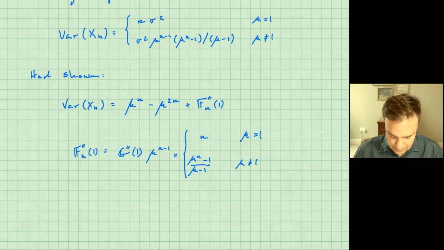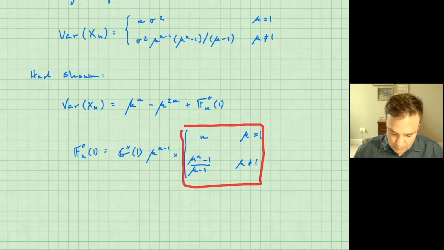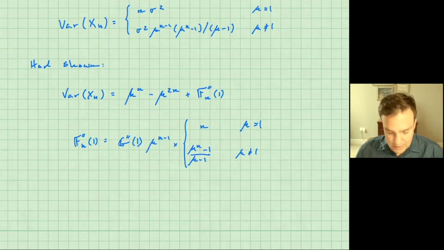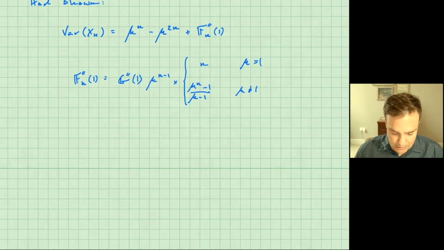We had it written in terms of the PGF for the offspring distribution, or z, which was the same as x1, evaluated at 1, multiplying this mu to the n minus 1, and then multiplying this piecewise thing. So if mu was 1, it's multiplying n, and if mu is not 1, it's multiplying this ratio here. So that's where we were last time, and I'm just going to pick up from there.